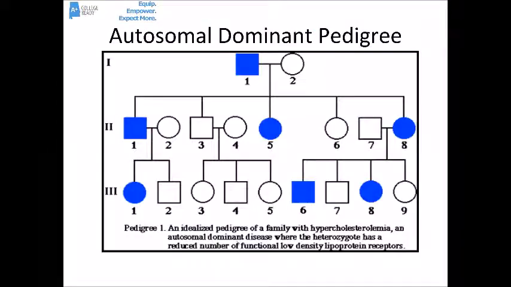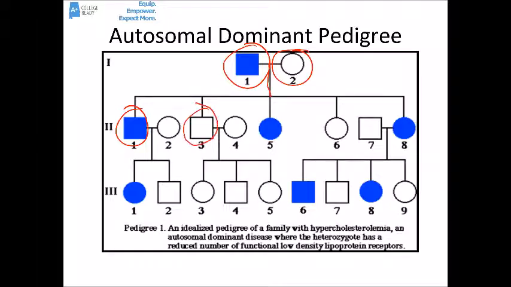When we're looking at pedigrees for autosomal dominant traits, there's some things that we need to make sure we look at. So notice in generation number 1, this individual is a man with the trait. His mate, not affected. So these folks have some children, and notice they have a son who's affected in generation 2.